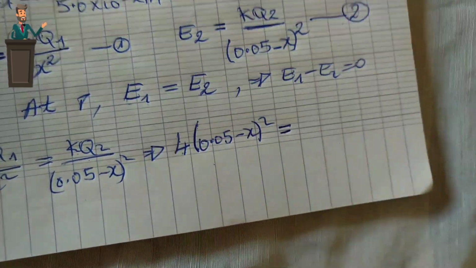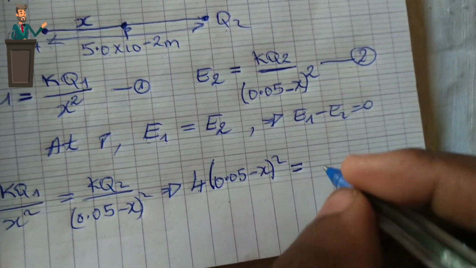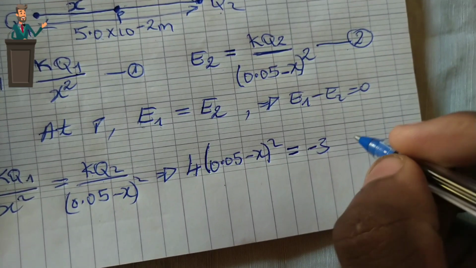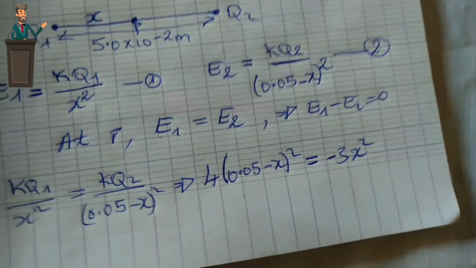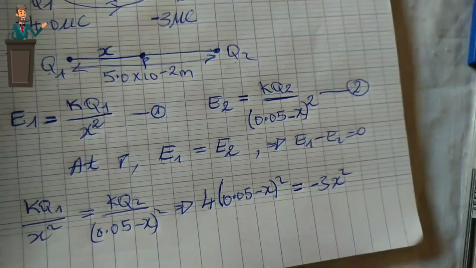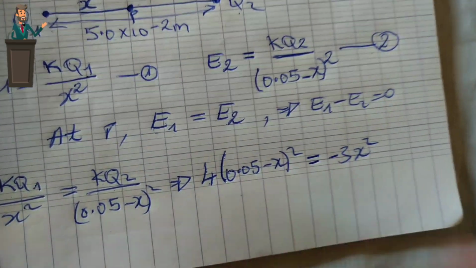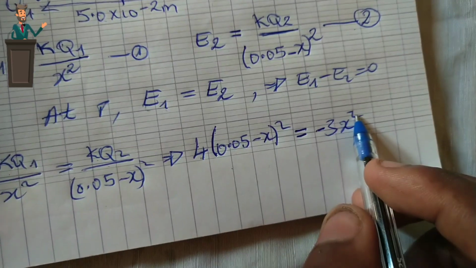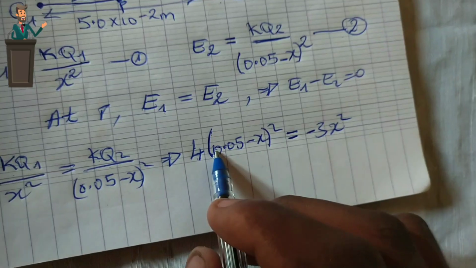Equal to, sorry for that, equal to negative 3, then x squared. Yes, if we cross multiply and fit the values accurately, we are going to end up with this. And with this equation, we now need to solve for x.